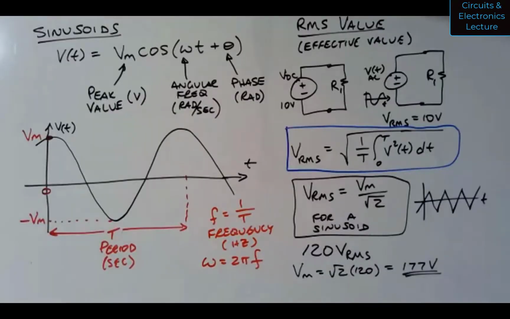For any waveform, if you want the average, you can draw a line at any point in time, and then one period later, you can draw another point in time. And if you want the average, you integrate over that duration and you multiply by 1 over T.